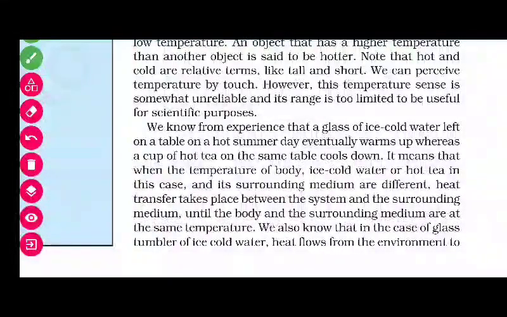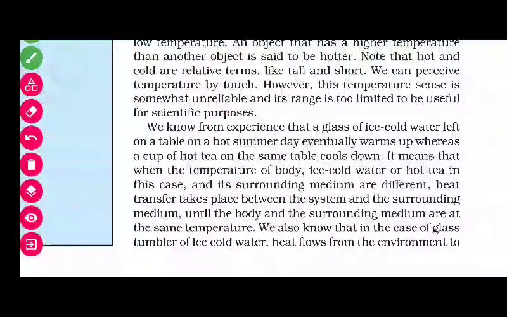In summer we keep our ice cold water outside, and after some time we see that it's not that cold. It was chilled when we took it out of the freezer, but now the ice starts melting, and by and by its temperature comes to the room temperature.